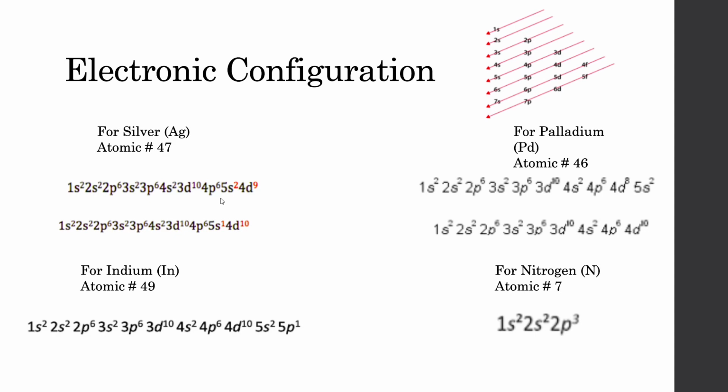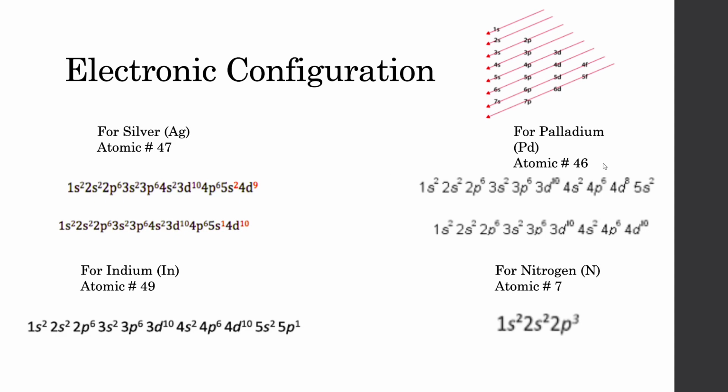However, having a 4d9 orbital is much less stable than a 4d10 orbital. So in real life, we will have this 5s1 4d10 and not this.